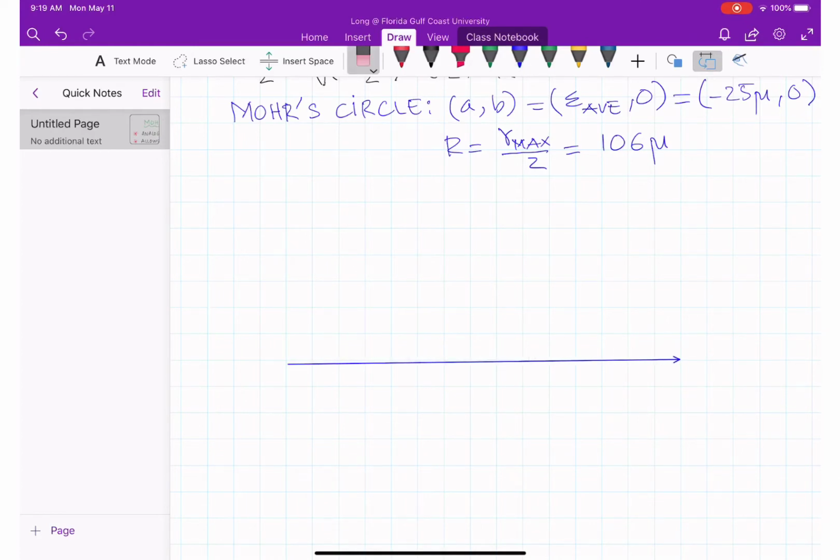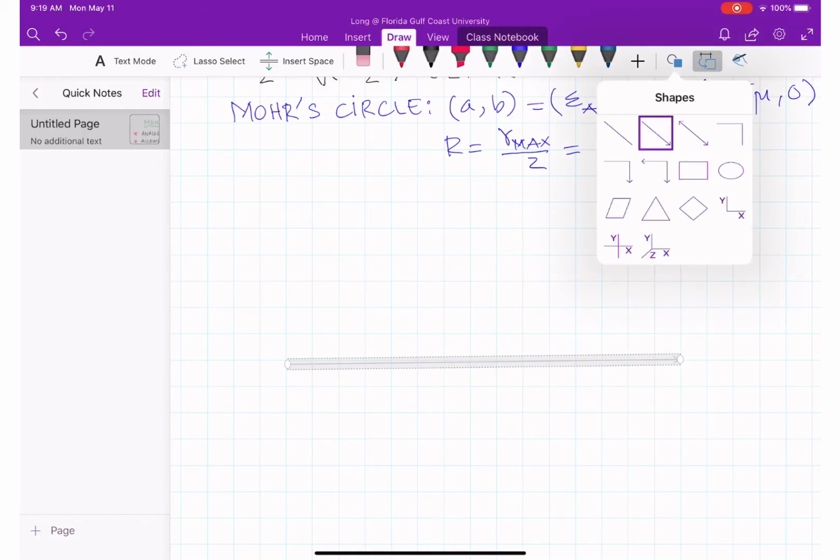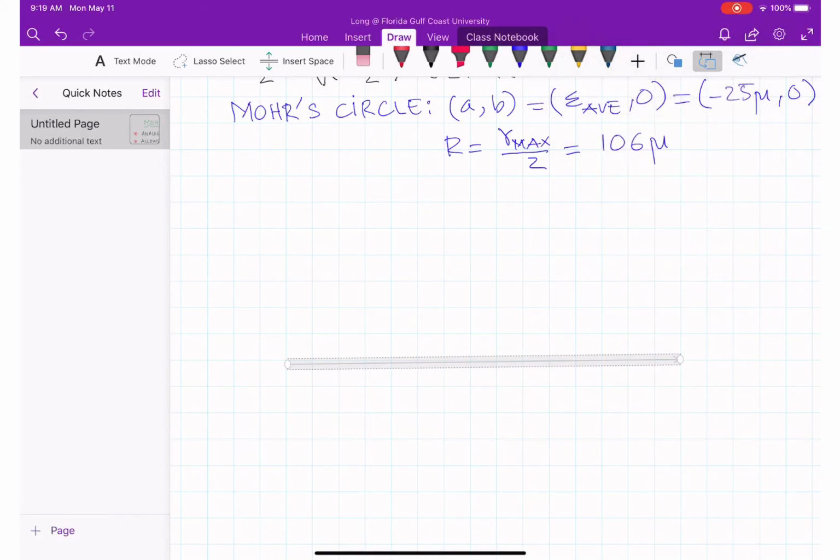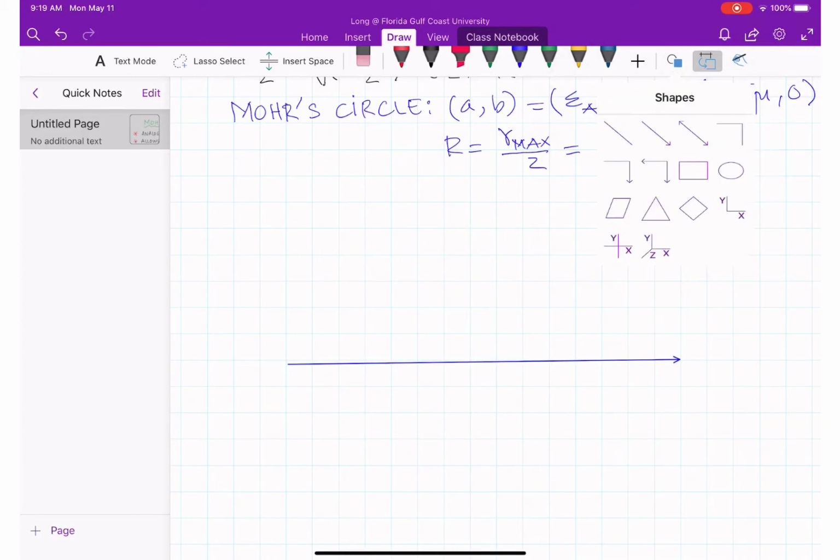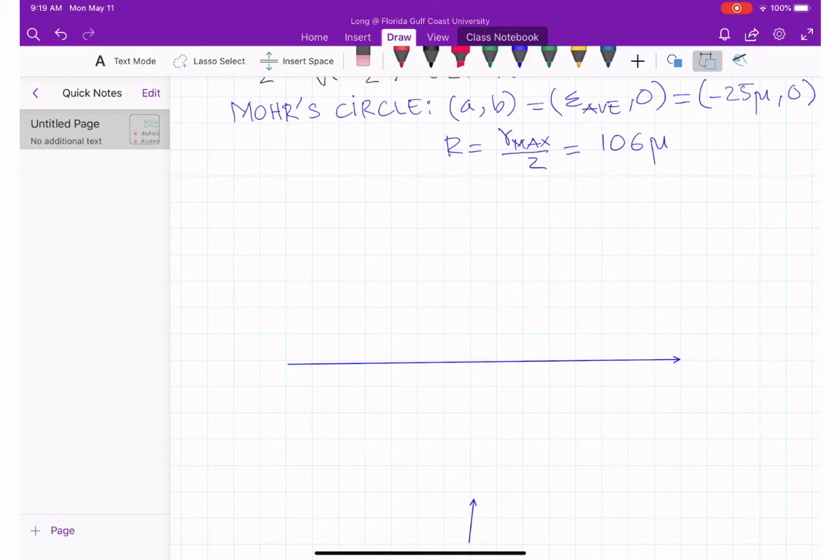And then we also have the vertical line for the shear strain. So let's put down the note here.